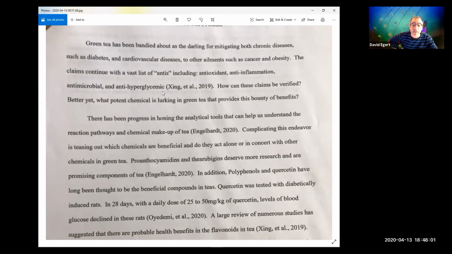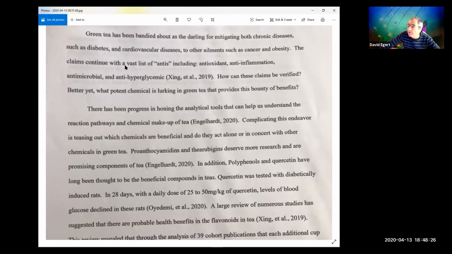Sometimes people turn in things where the sentences are completely mangled and the grammar is totally messed up. So it should be good English, but you're not getting graded on style, you are being graded on clarity. So it should be clear.